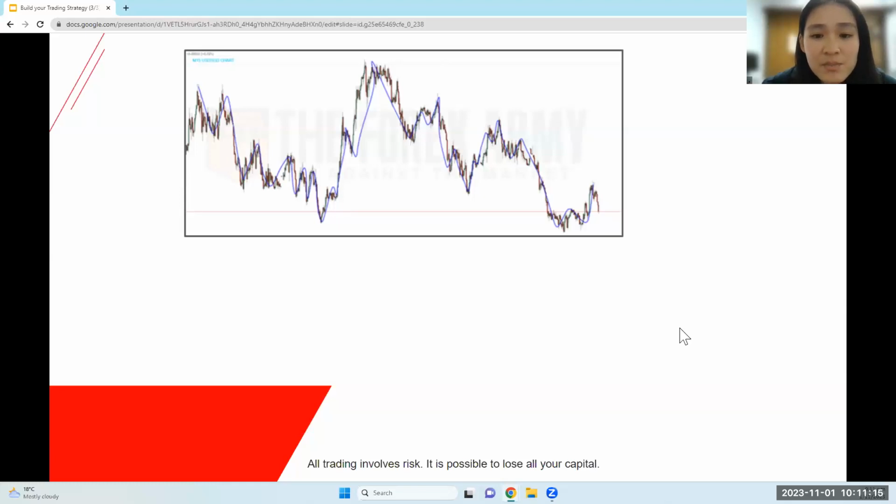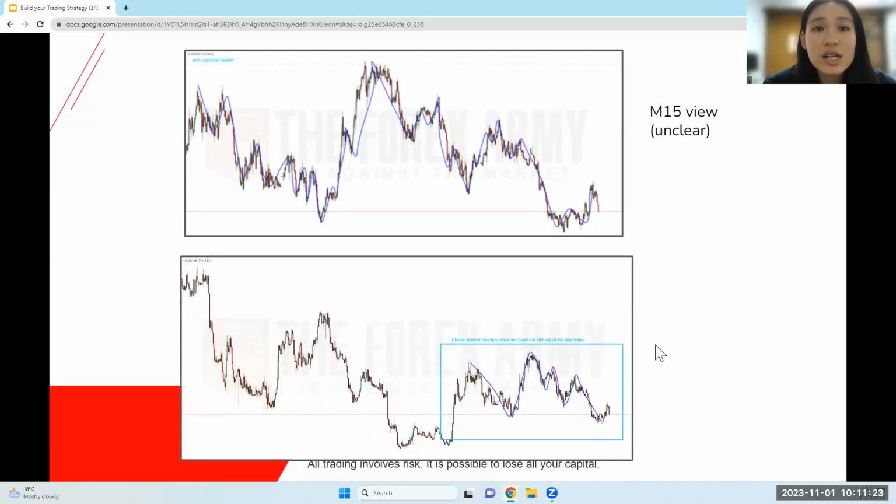For swing trading, before I get into that, I just want to show you that the more important thing is to look for clear market structures. You can see on the M15 here, it's pretty unclear market structure, whereas on our H1 view, it's a pretty clear shape.